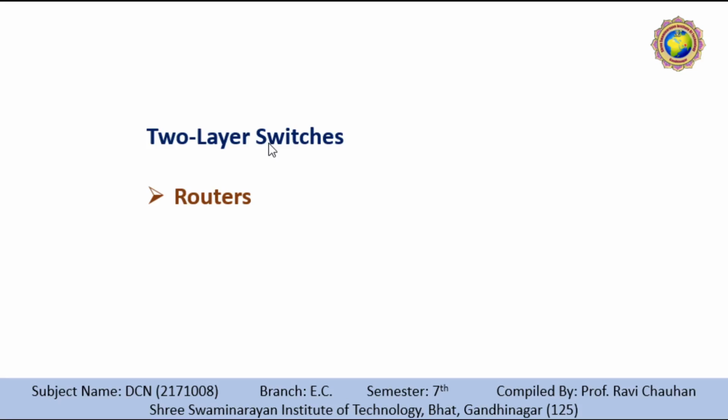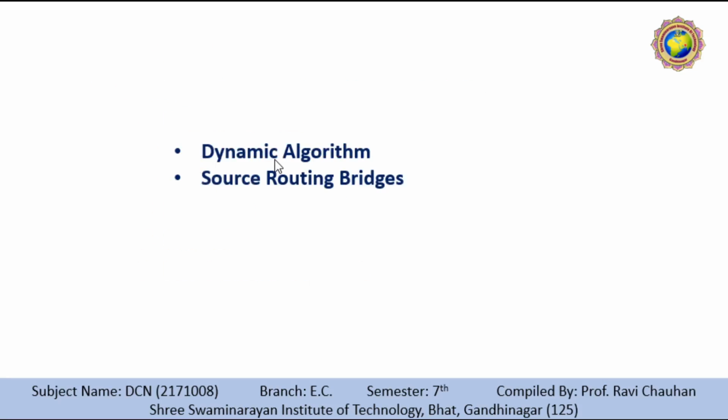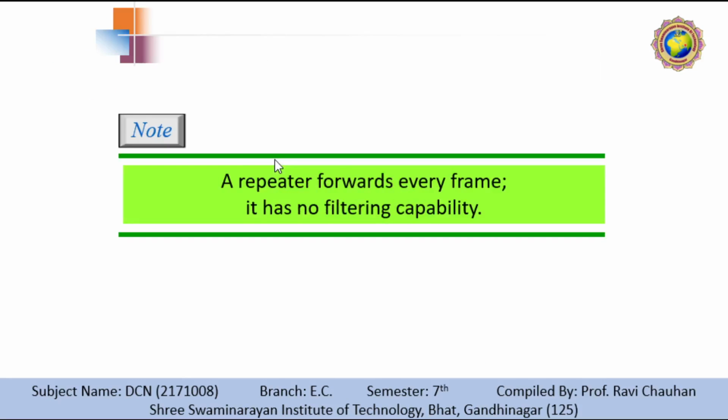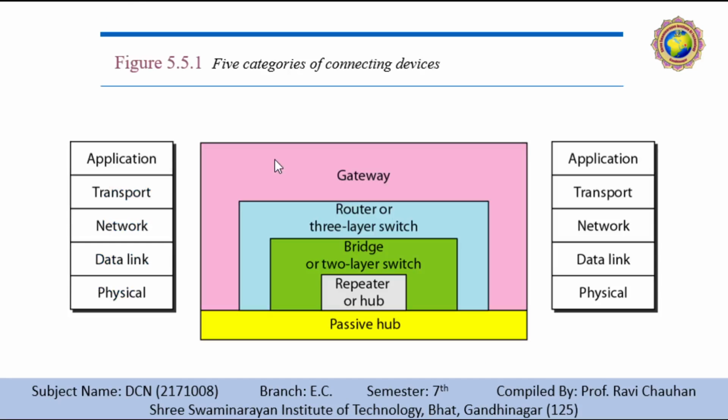The two-layer switch performs at the physical and data link layers. You have seen a particular diagram for the different layer switches in our previous section. Over here, a two-layer switch is called a bridge, and a three-layer switch is called a router.